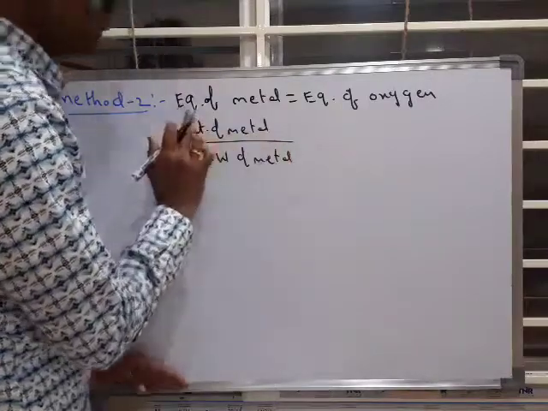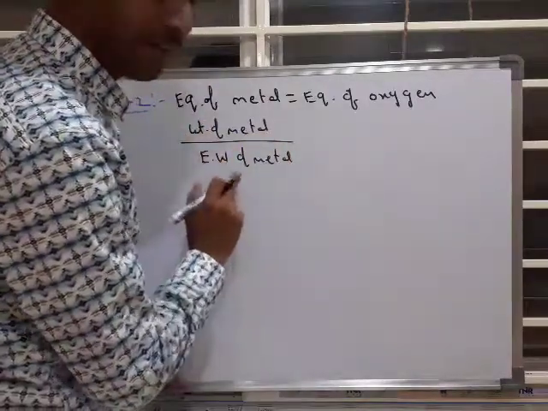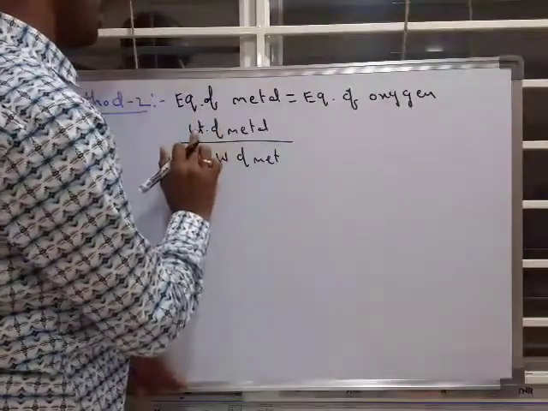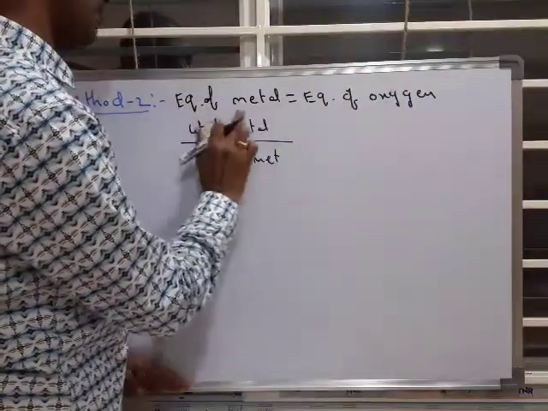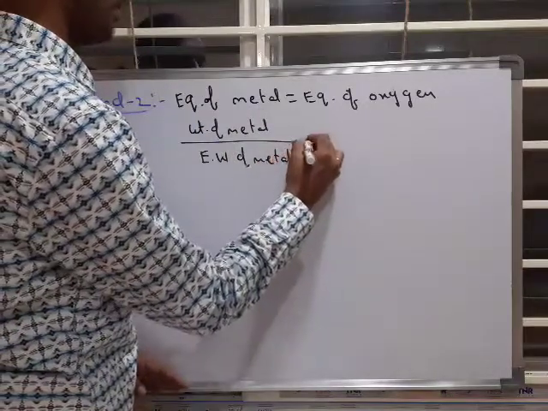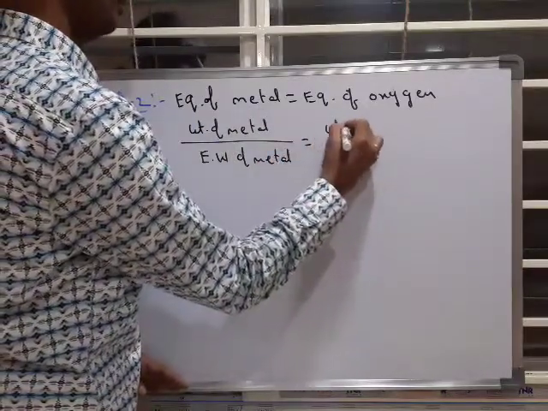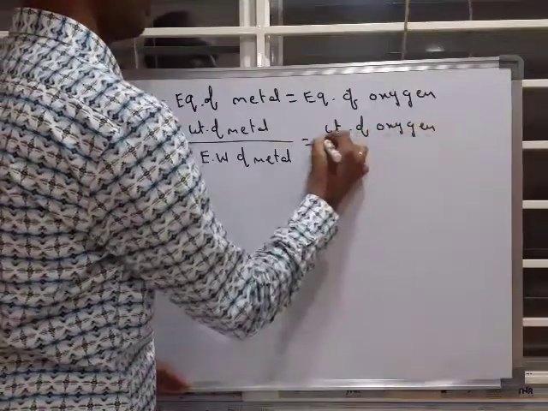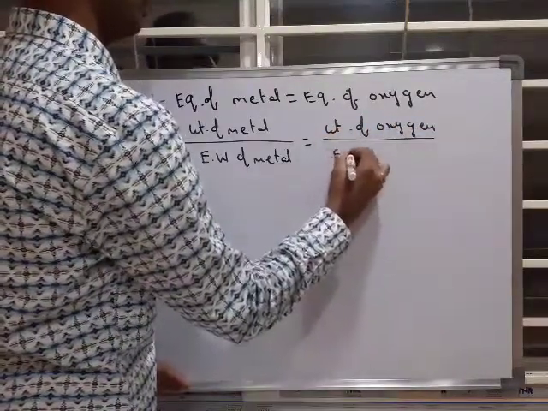This is equivalence, this is equivalent weight. Okay, don't be confused. This is equivalent weight, this is equivalence. This is equal to weight of oxygen by equivalent weight of oxygen.